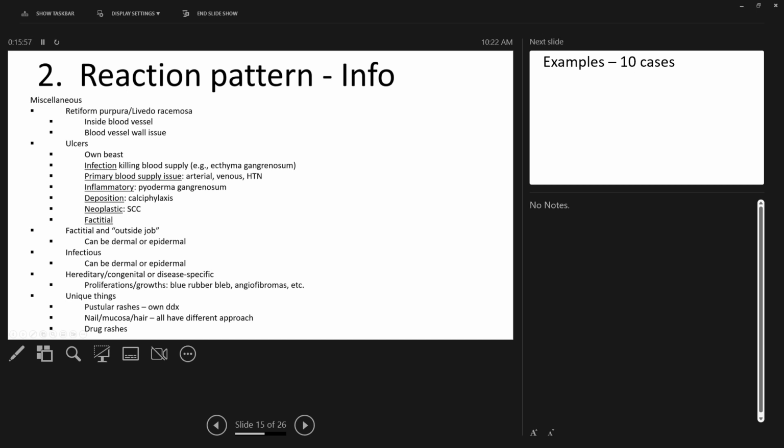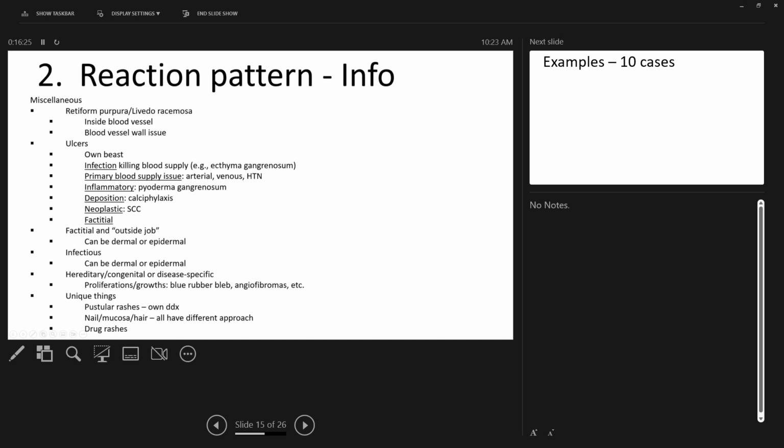One of those things where you see it and you know what it is, or at least that it's associated with some type of syndrome. So you see these vascular blebs or purple nodules of blue rubber bleb syndrome. You have these pink, very monomorphic papules on the bilateral upper malar cheeks, and you think about angiofibromas with tuberous sclerosis. So just know that there are some things that don't fit into these buckets.